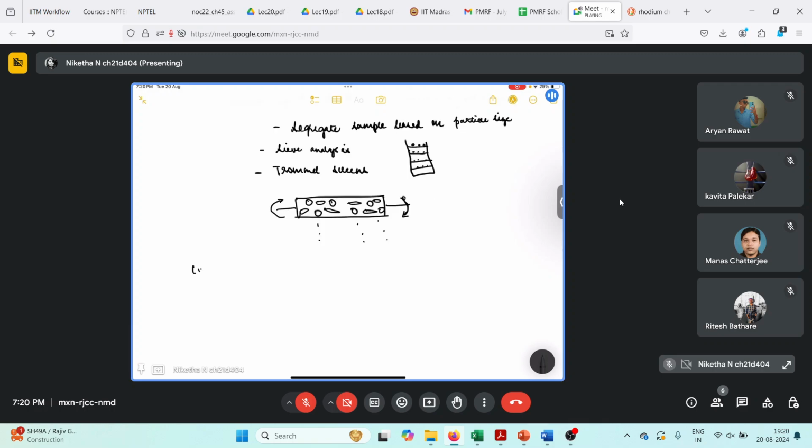And the next property is hydraulic conductivity. Hydraulic conductivity is the ability of porous media to conduct water.